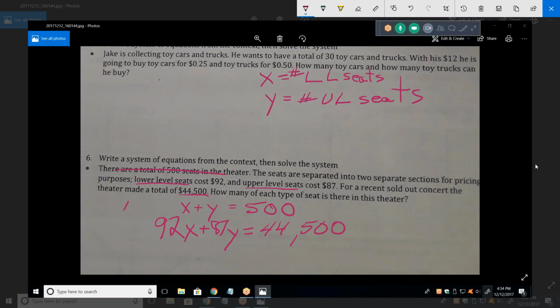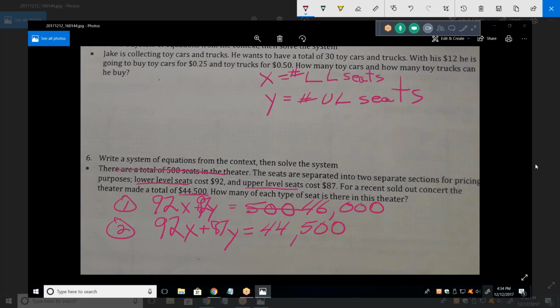Multiply the top. Equation 2, go ahead. Multiply the top one by 92. Okay, that works. 92, 92. In your calculator, multiply 92 by 500. 46,000.